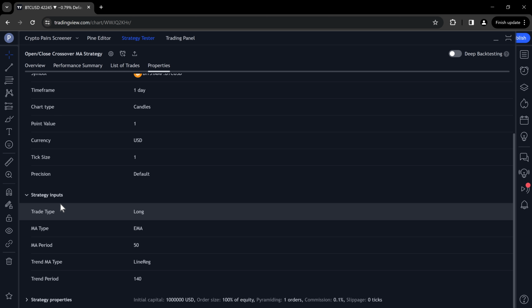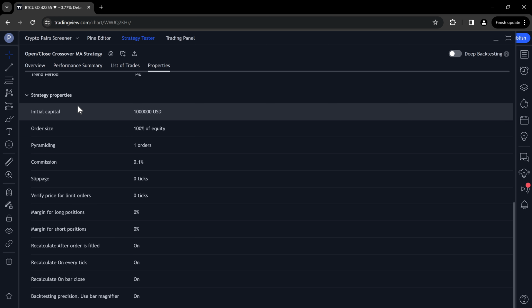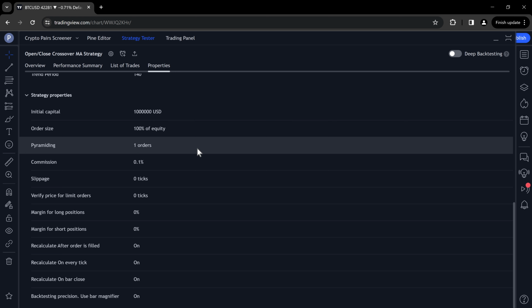And the last group of parameters is strategy properties. It provides an overview of the configuration of the trading strategy. It includes essential details such as initial capital, base currency, order size, margin, pyramiding, commission, and slippage.